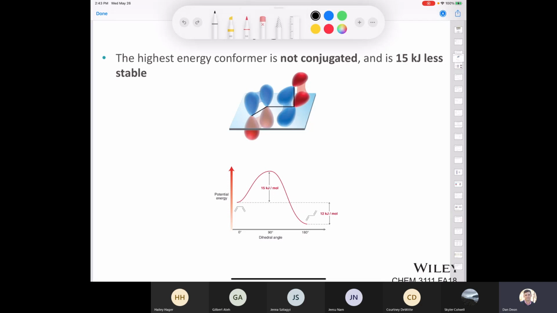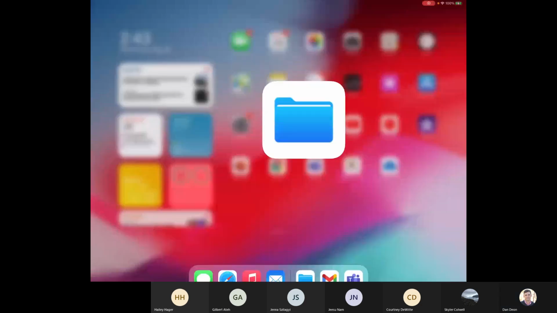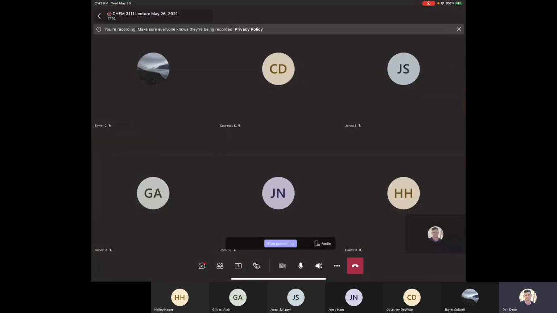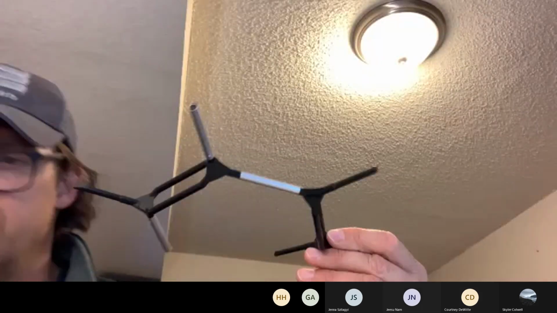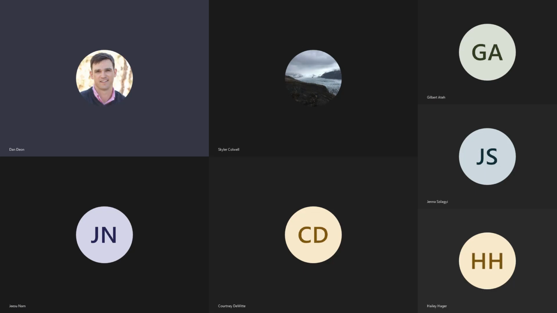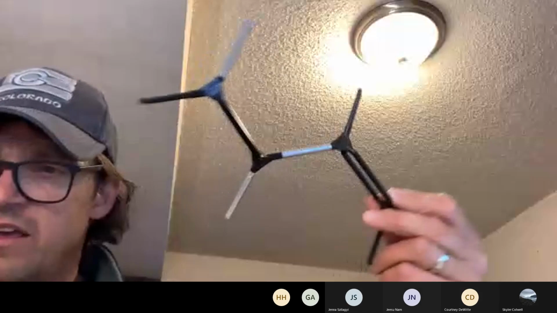I have a little model here that I can show you quickly. So let me stop presenting and use my camera. This is a model of 1,3-butadiene right here.